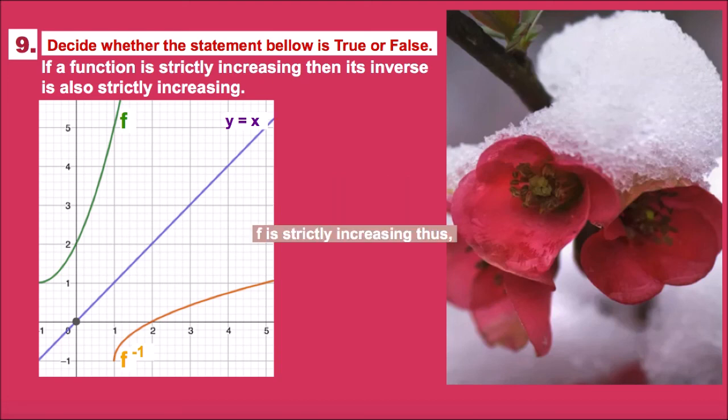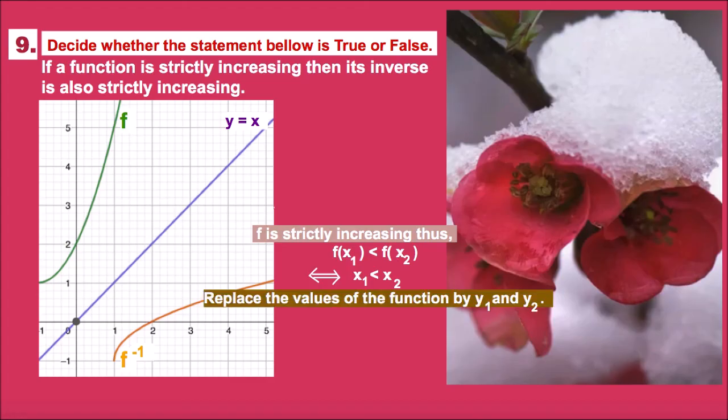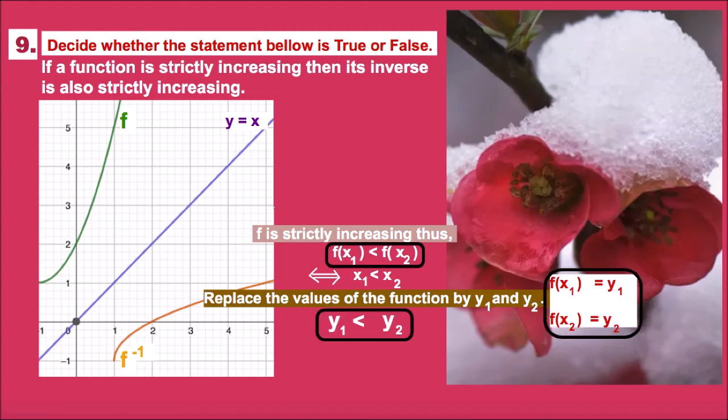f is strictly increasing, thus f of x1 less than f of x2 is equivalent to x1 less than x2. Replace the values of the function by y1 and y2. f of x1 equals y1, f of x2 equals y2.